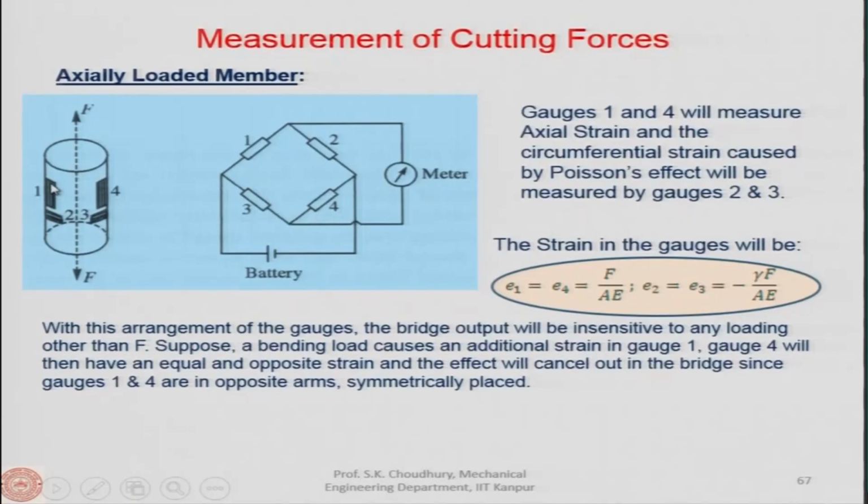Now, again it was said that suppose there is a bending load, or a load perpendicular to this, which will try to bend it this way. In that case, since 1 and 4 are in opposite arms, the additional strain of gauge 4, being located diametrically opposite to 1, will have an equal and opposite strain, and the effect will cancel out in the bridge.